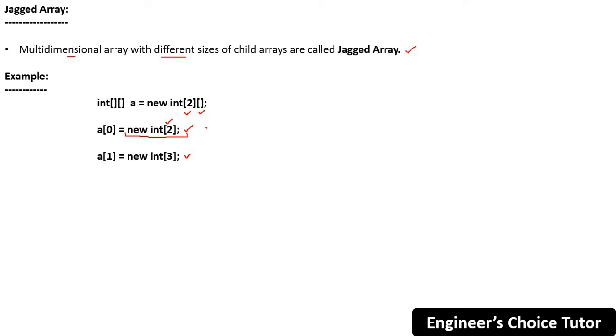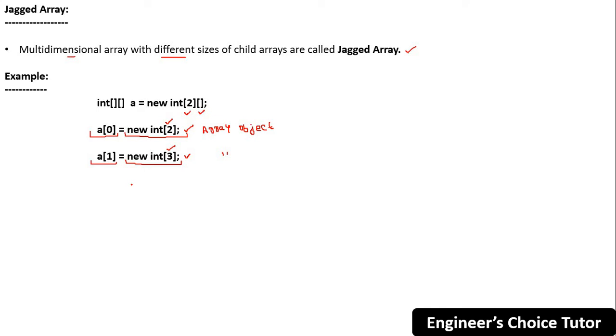So it will create one array object, right? It will create one array object, and it will assign the reference to this a[0]. Am I correct? Same for the second child array. I'm creating the object of the second child array, and here the size is 3, and I'm assigning the reference to this.